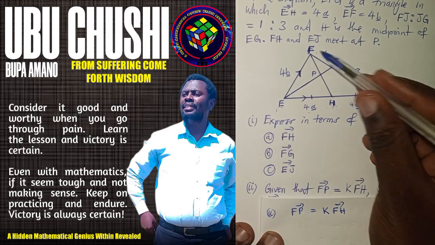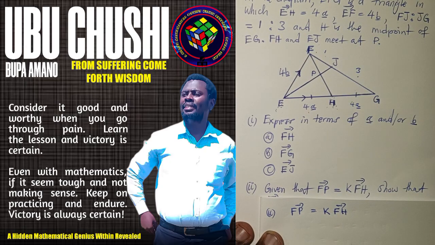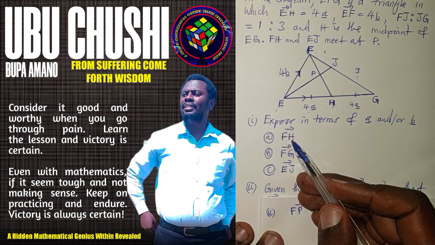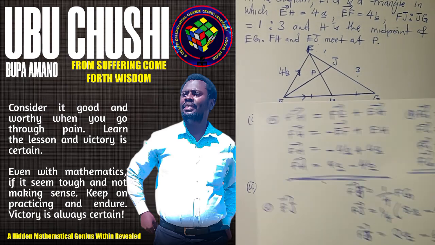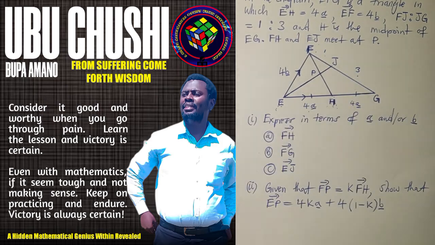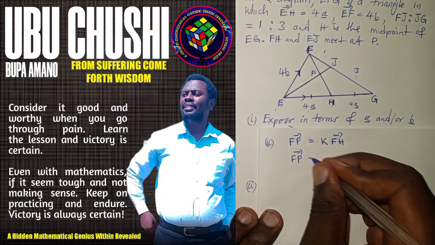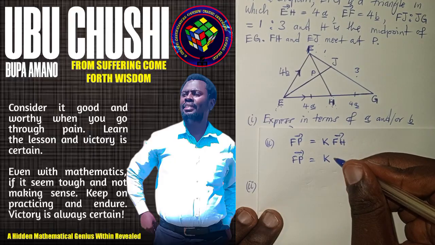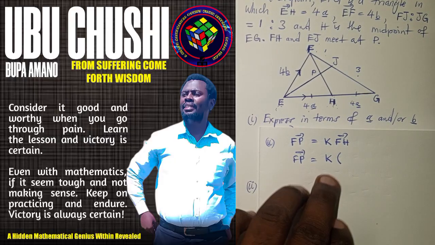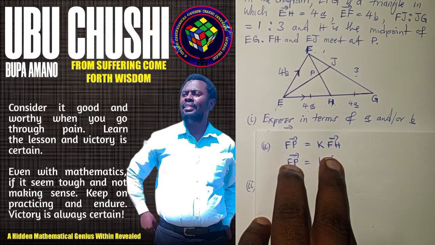FH, we calculated it on a. So this is FH. So what you do is that you say FP is equal to k, then in brackets you put the value for FH.